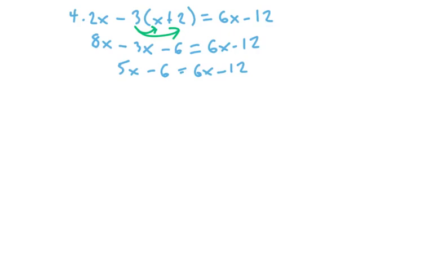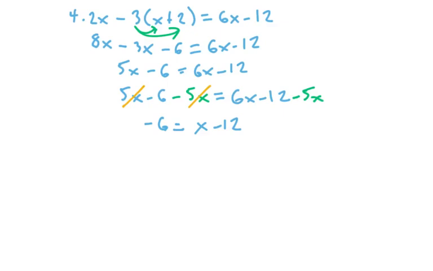I noticed, for example, that it would be very simple to subtract 5x from both sides so that on the left, the 5x minus 5x will give me 0. And on the right, I can simply combine the two x terms into a single x. So 5x minus 5x gives you a 0. You get negative 6 equals x minus 12.